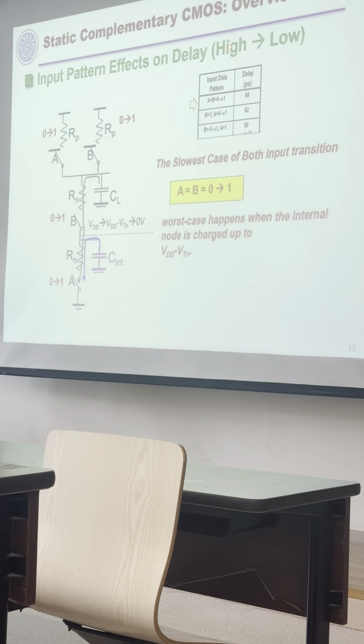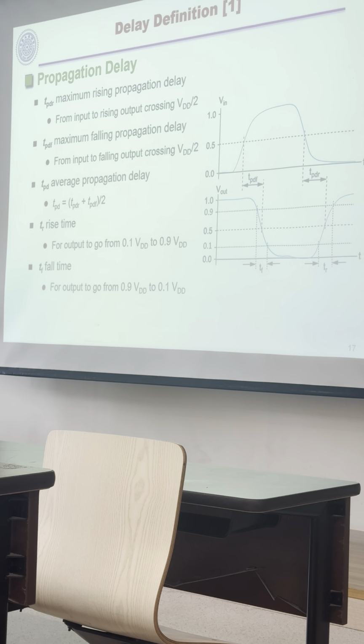On the other hand, if it is high to low, this is the slowest one: A and B are both from 0 to 1, because you need to discharge these two capacitors at the same time. I think this is very basic and straightforward. This kind of skill will still be used in your future career, so it's important.